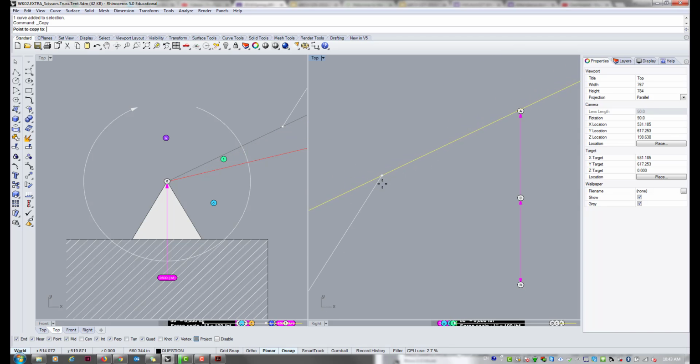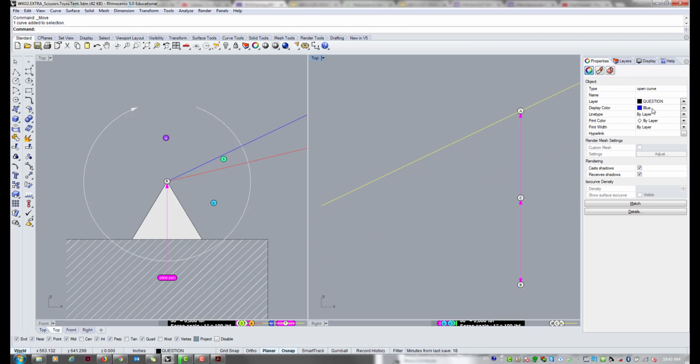So I'm gonna put this guy over here, and let me change the color to something neutral. I'm gonna show it as a dashed line.